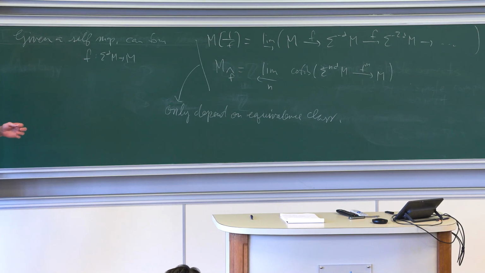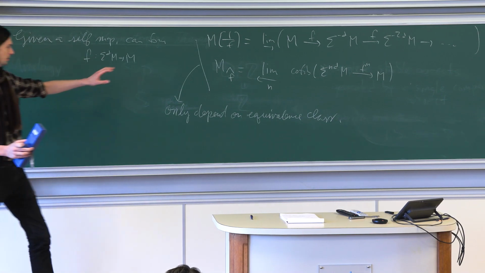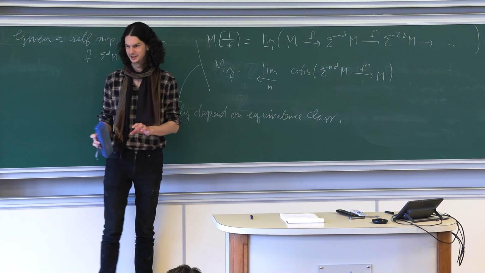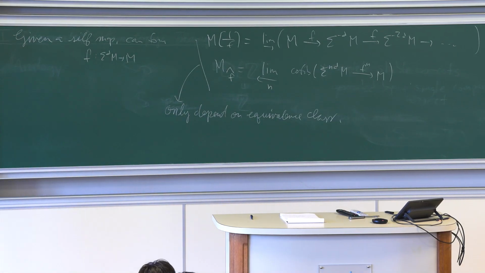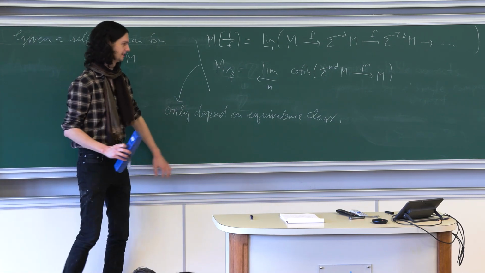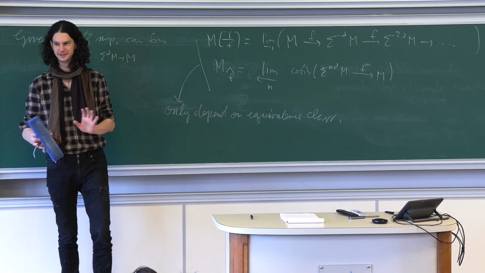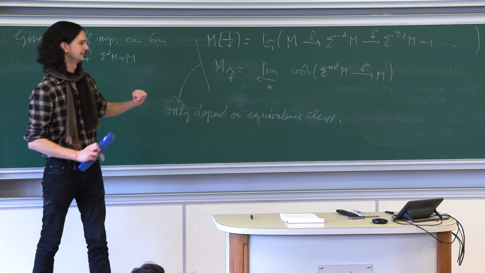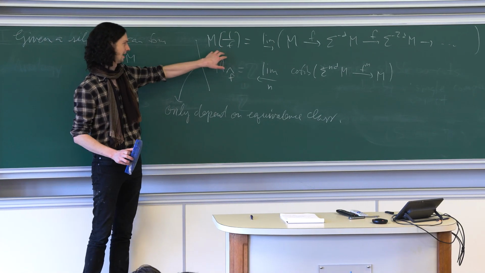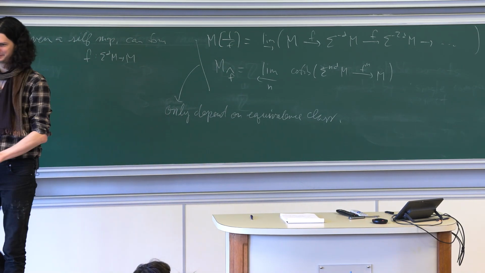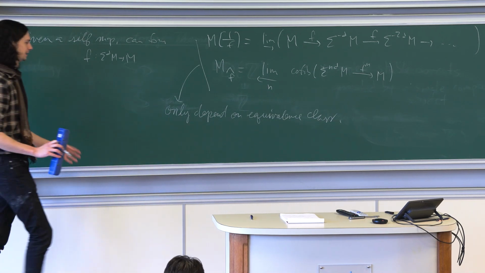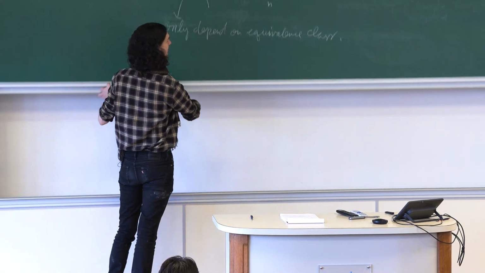It will also turn out that you have something better, that these will both promote to functors in the cases that we're going to be considering. But this is because they have an alternate expression. So perhaps I'll explain this later. So no, I'm not claiming anything in general, but in the situation that we'll consider, these will actually be functors. M goes to M1 over F, and M goes to M completed at F for the F that we're going to be considering. But we haven't gotten there yet.